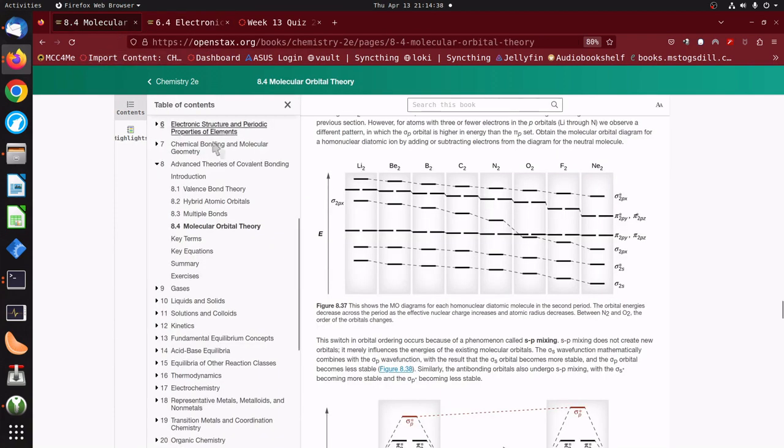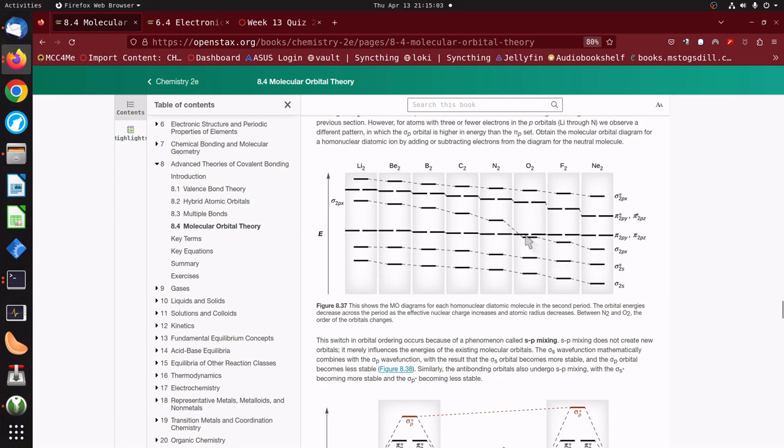The next thing we need to do is look at our chapter. And the first choice we need to make is which of the sheets that I gave you we should be using. There's this phenomenon that we have to consider here with the sigma 2p orbital.